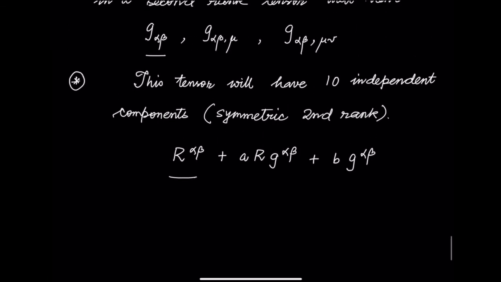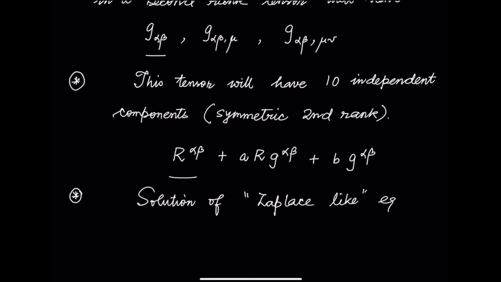And you see the solution of this, what should be the solution of the Laplace-like equation in GTR? Well, the Laplace equation solution is phi, which gives you G in the curved space. Here also it will be G, because this is a differential expression in G. You have to make it an equation.